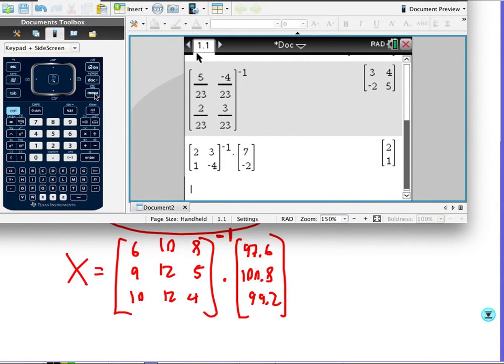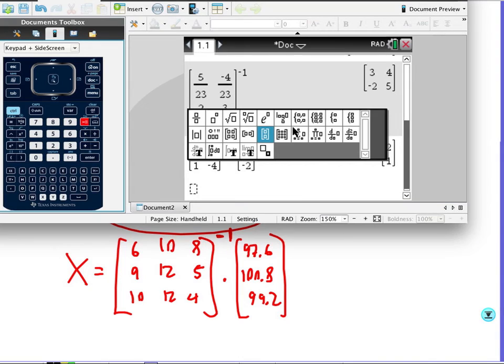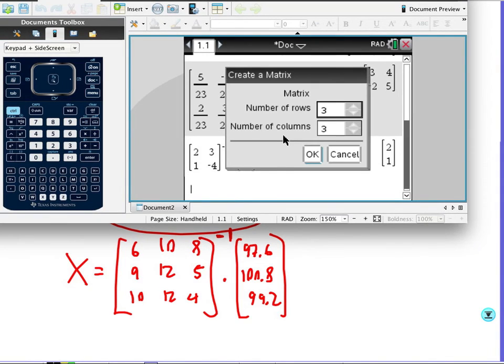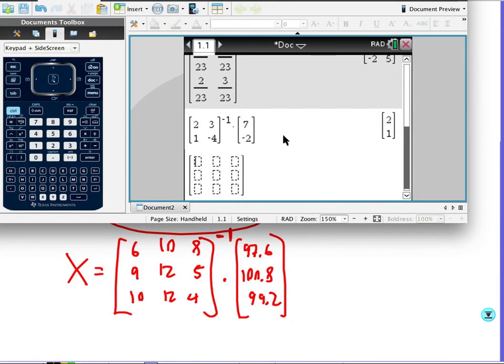So first I need to create my 3x3 matrix. It's already set to that by default. So let me enter these values: 6, 10, 8, 9, 12, 5, 10, 12, 4.